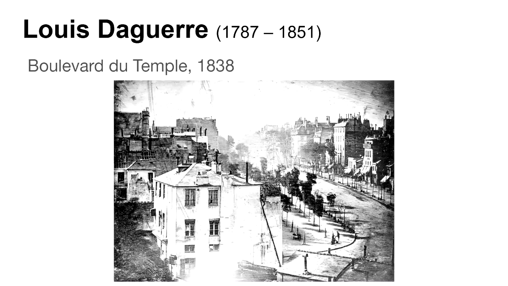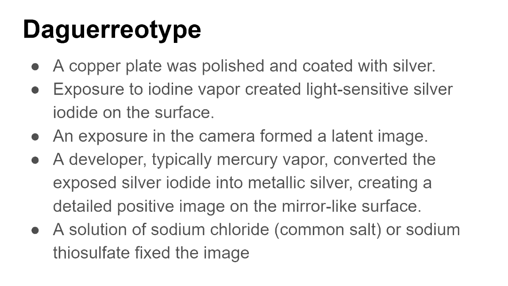But he definitely promoted it. They were creating these stores all over the world. In France, there were dozens of them. In New York, you can go in and sit for a photo, and you would have this one plate that would be light sensitive, and there was this whole process.